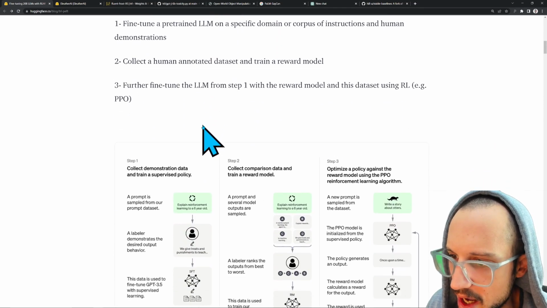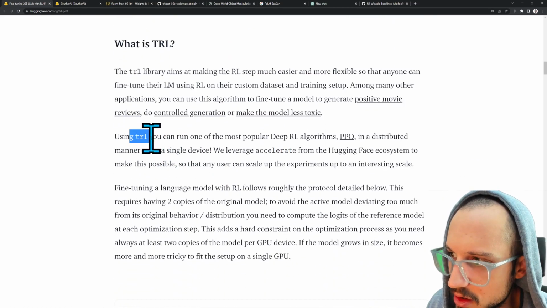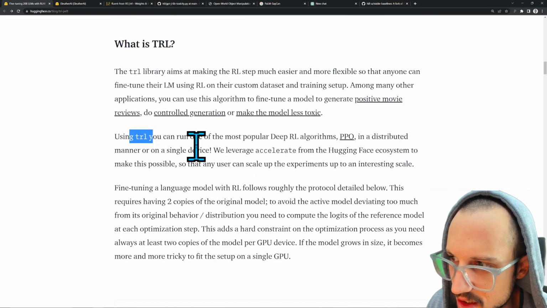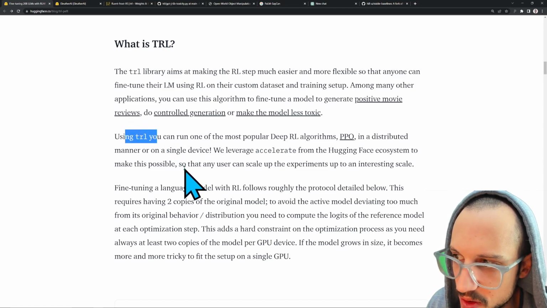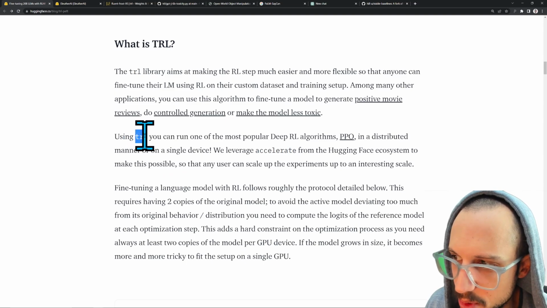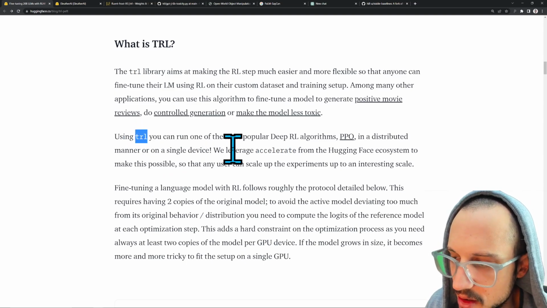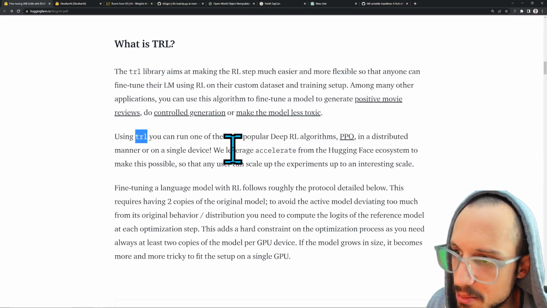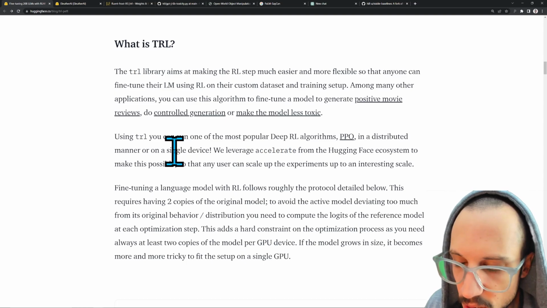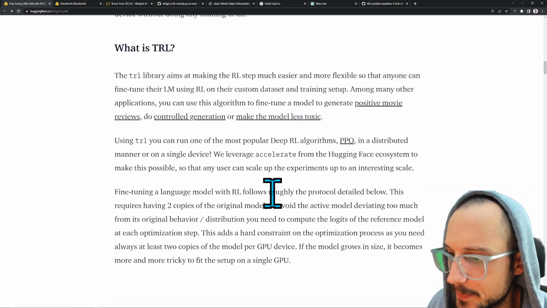So I wouldn't necessarily go and try to learn how to use this TRL library. I think it's very likely that these type of little bespoke libraries written by a handful of people just kind of die away, and that the big 800-pound gorillas in the room that are Google and Microsoft develop their own libraries, their own tooling to do this type of stuff, RLHF.